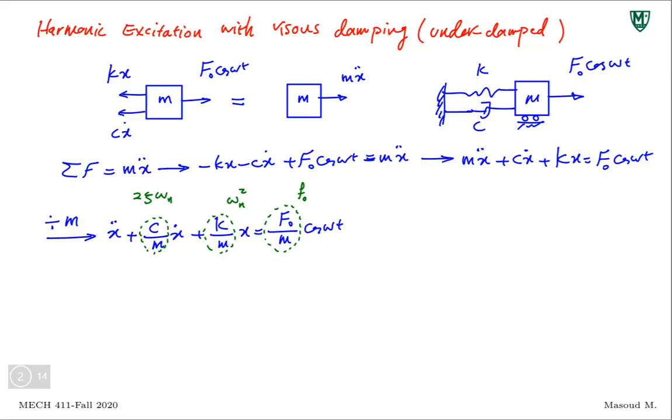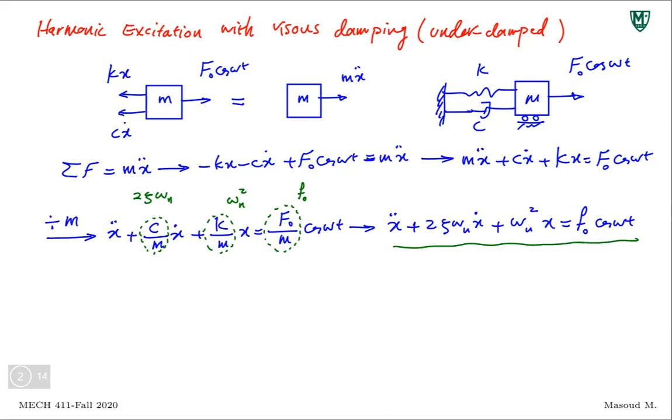It's relatively straightforward. So the form of the equation of motion that I wanted becomes x double dot plus 2 zeta omega n x dot plus omega n squared x equals f naught cosine omega t. That is the equation of motion I want to use.